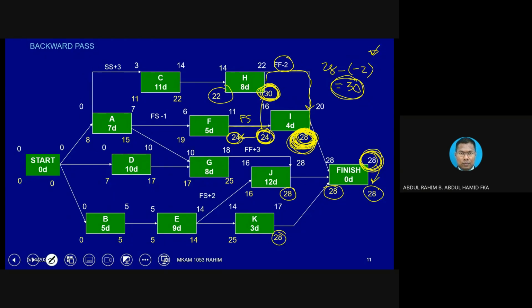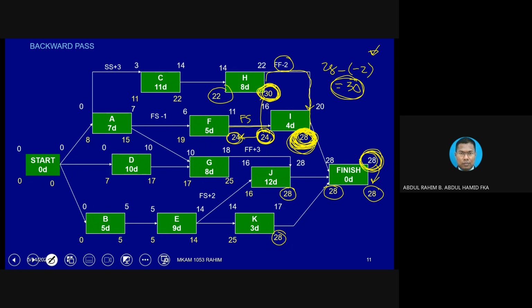That is the project completion based on our forward pass. And how come we have 30 days there? Which means we are going to have the late finish of H, which is later than the overall project completion date.